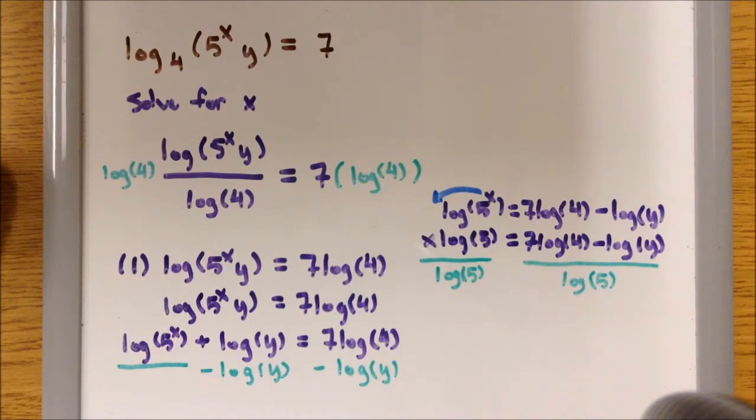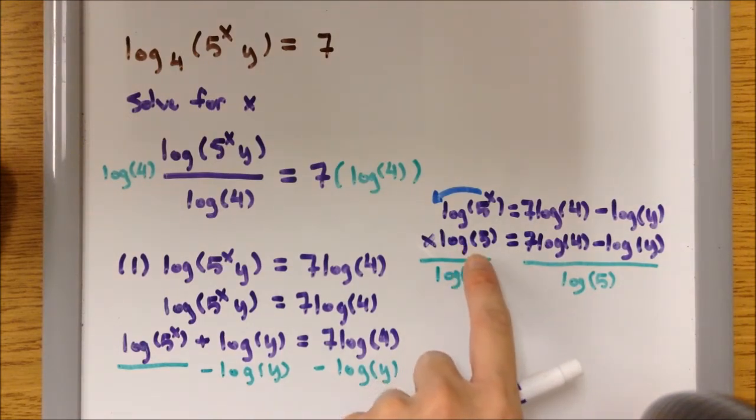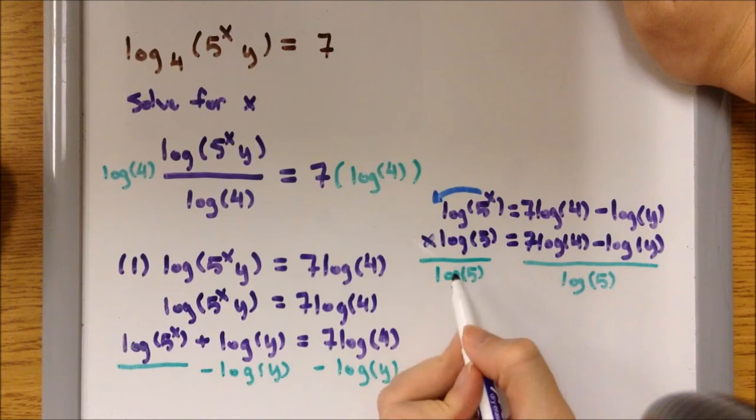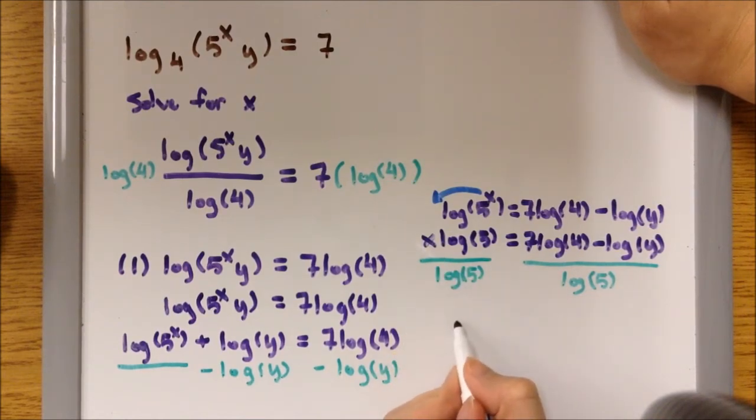So when you do that, again, log 5 divided by log 5 is just 1. And then 1 times x is just simply x on the left side.